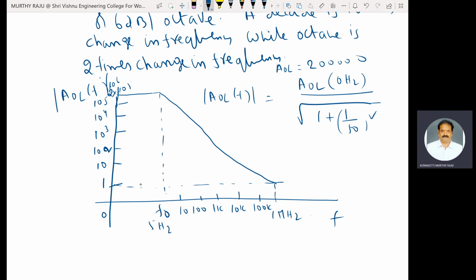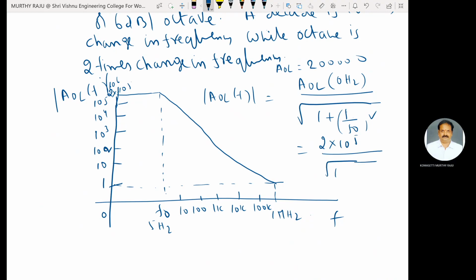At f equal to 0, AOL of 0 Hz is 2 into 10 power 5, 2 lakh gain, divided by square root of 1, so that is 2 into 10 power 5 at 0 Hz.